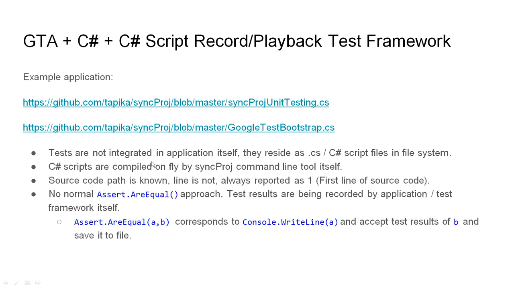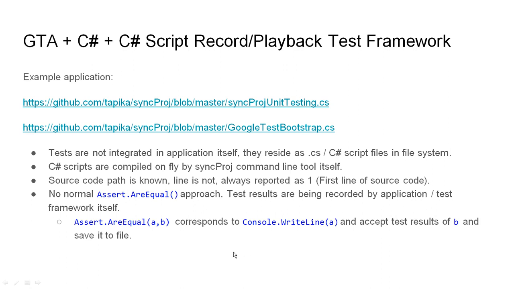Tests are not integrated in the application itself, they reside as separate C# script files in the file system, and C# scripts are compiled on the fly by the Sync project, the command line utility. The source code path is known, so we know where that source code resides, but where the main starts up is not known at that point in time, because it is not necessarily compiled, so we report it as the first line, so it's always one.